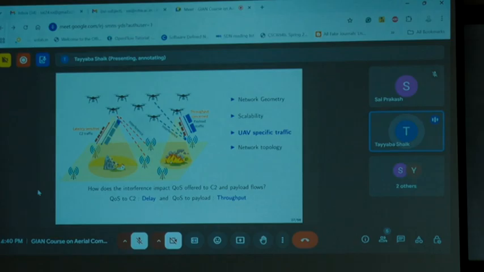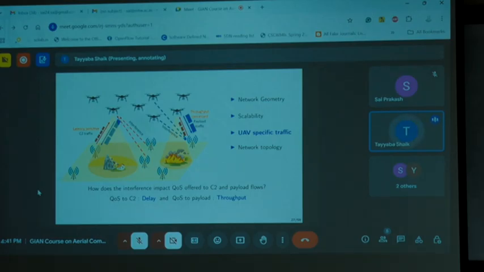One thing that I want to highlight here is that all this communication is happening in the presence of interference. If you see carefully, the signals received at this UAV are being interfered by these red dotted line signals.